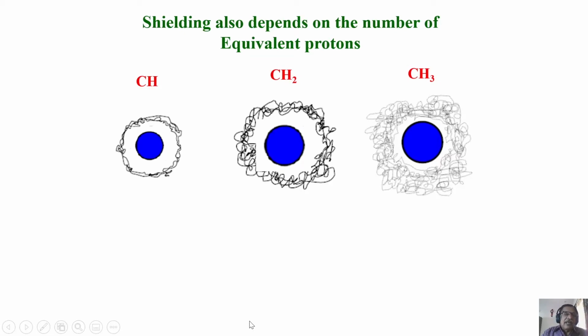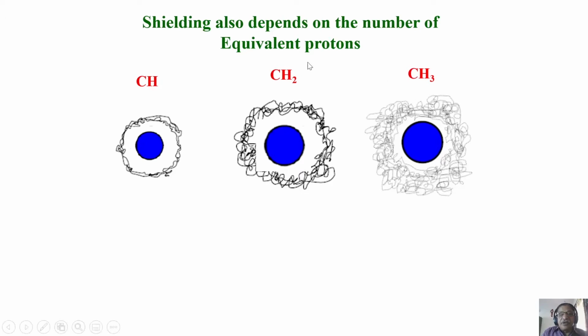Of course, the logic is simple. We discussed last class that CH3 is more shielded, comes to high field because it sees more field than this one. Now I take in between another group called CH2. What is the logical conclusion?